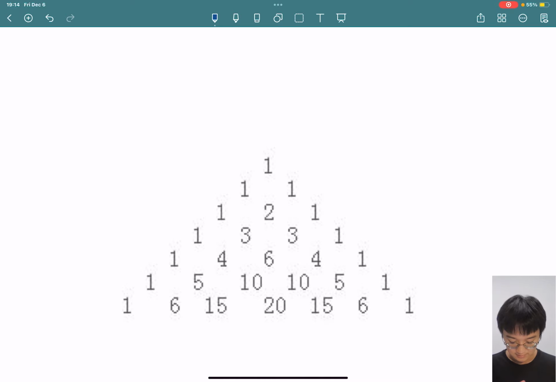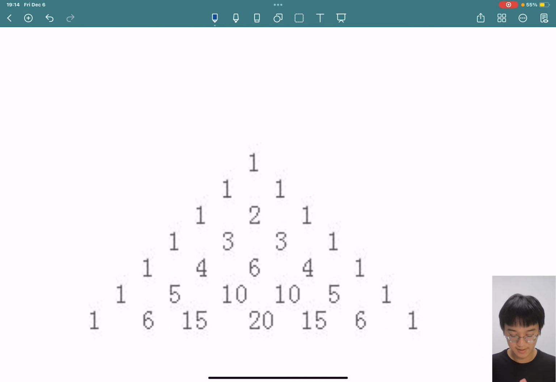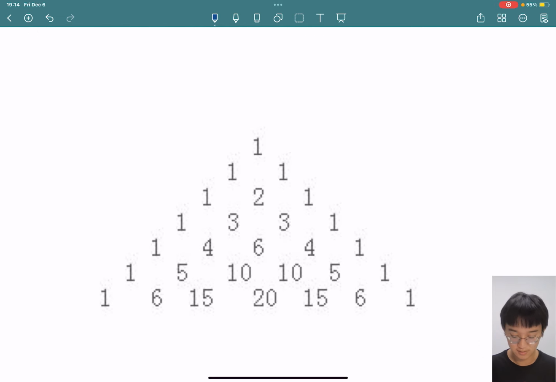And we say the sum of odd items is equal to the sum of even items. So let's prove it, but first we will find something in this triangle.